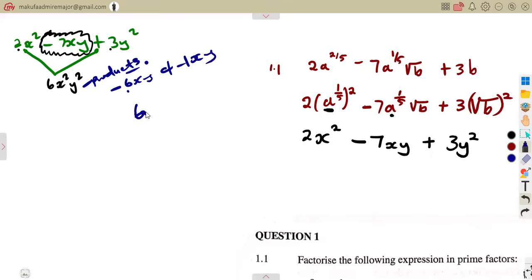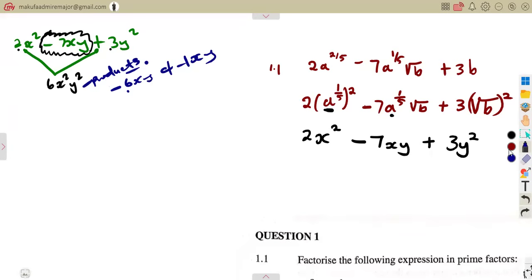So instead of thinking of 6xy and xy, just put a negative because the middle term is carrying a negative. For the product of 2 terms to be positive, they both must be negative, so that their product will be positive.